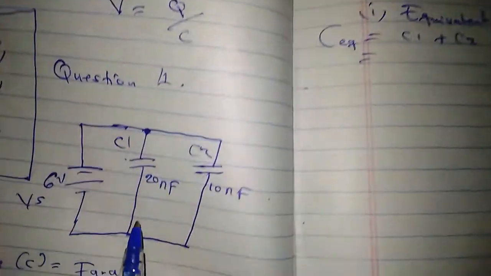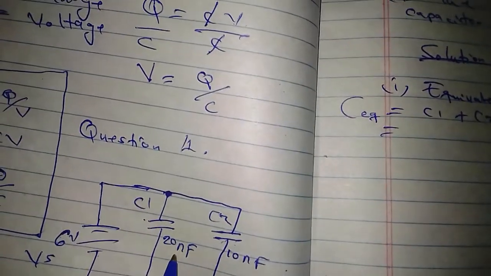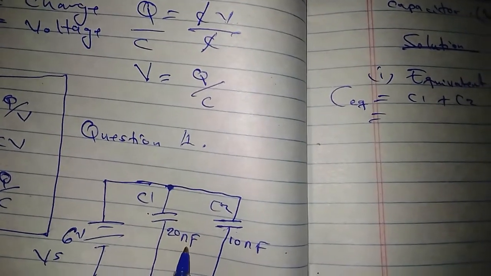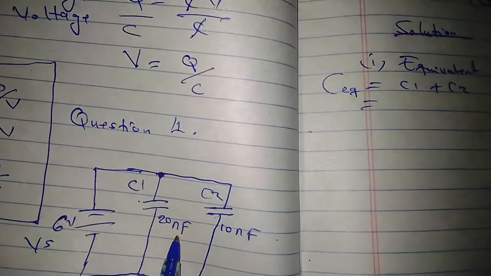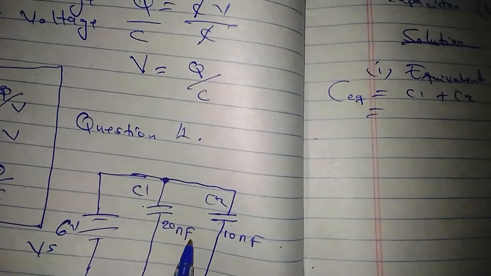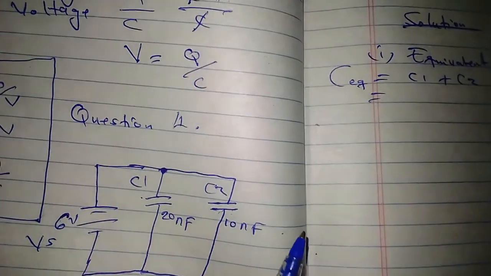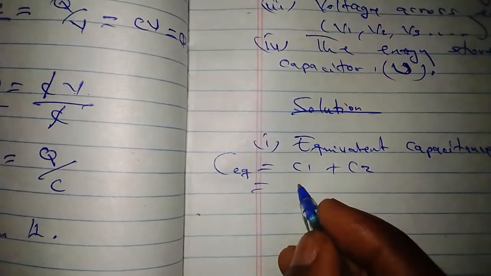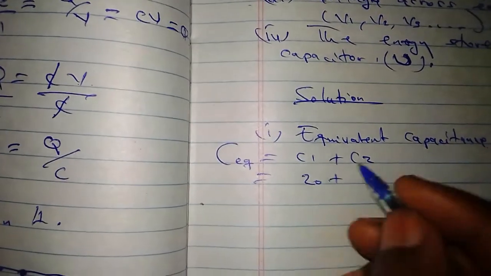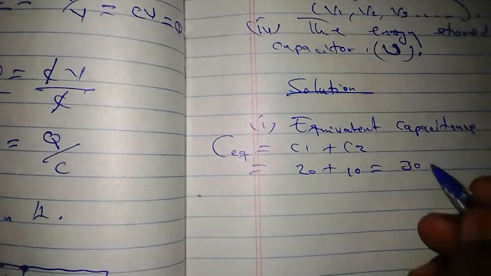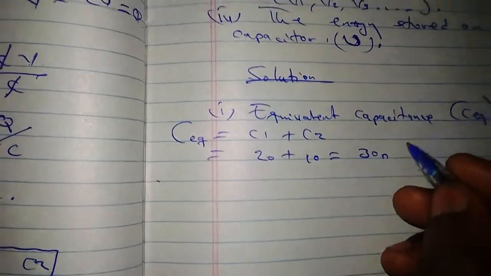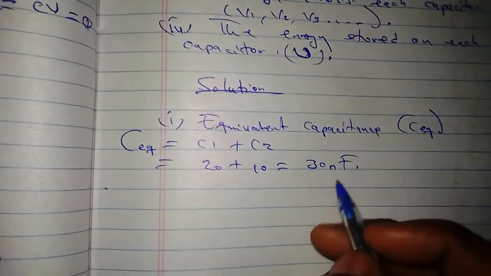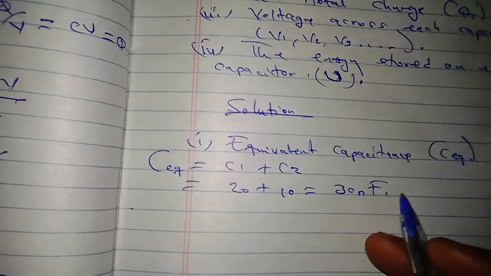Now, the standard units of capacitors are nanofarad, picofarad, microfarad and millifarad in that order. Here the units are the same. So C1 is 20 plus C2 is 10, which is equal to 30 nanofarad. This is the total capacitance or the equivalent capacitance in the circuit.